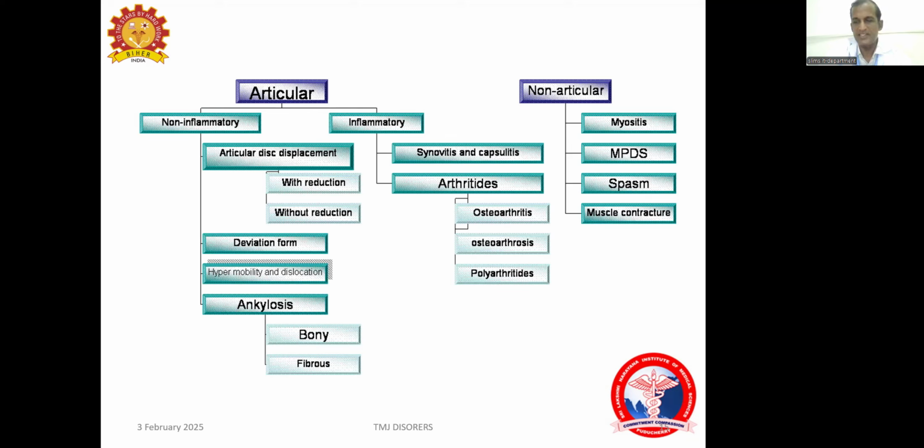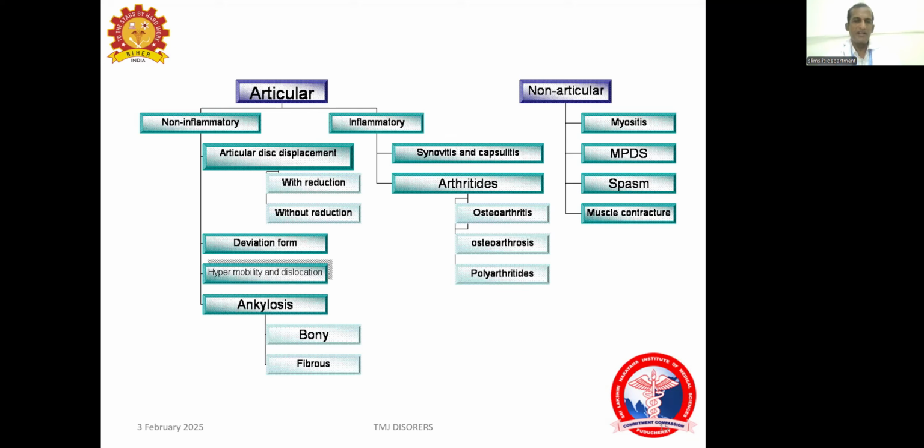Then the next one is non-articular. Non-articular is mostly with the problem with the muscles of mastication, the attachment of lateral pterygoids. Pain in the chewing muscles or jaw stiffness, myositis, MPDS, spasm or contraction of the muscle.